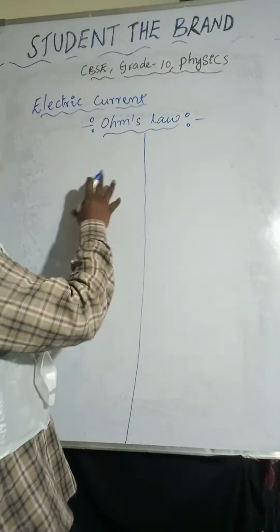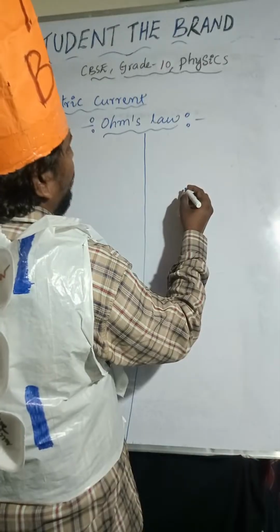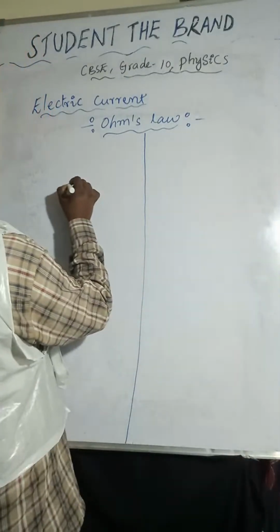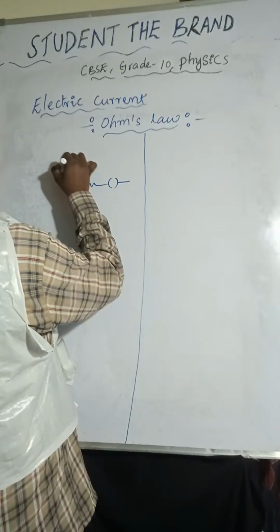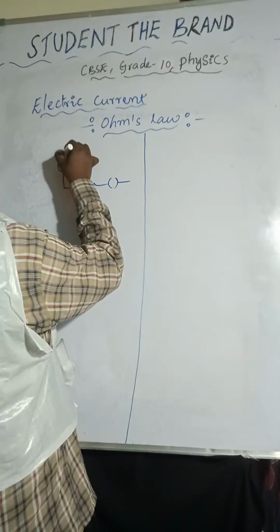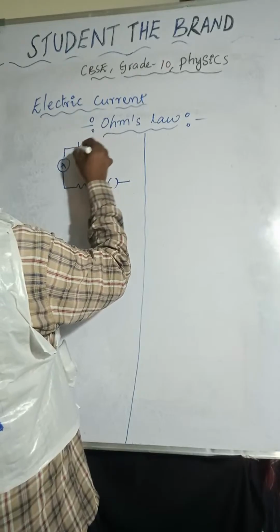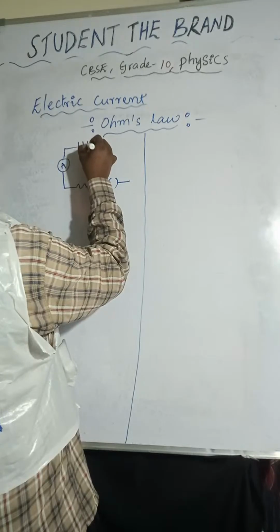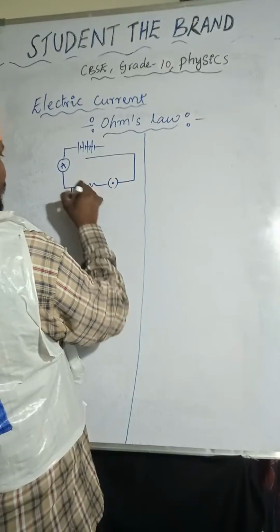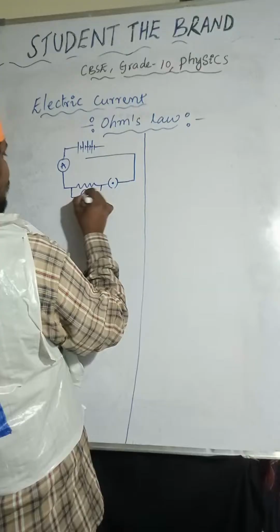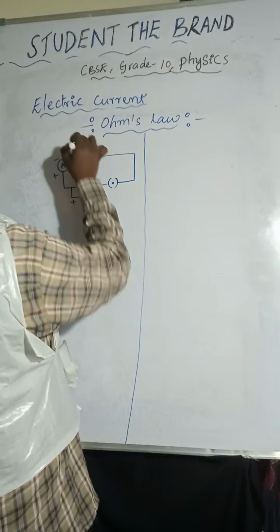Coming to Ohm's law definition. Normally, we are taking the resistor here, with a switch, an ammeter, and a battery of 4 cells, and a voltmeter. There is a positive terminal and a negative terminal, and current is flowing.